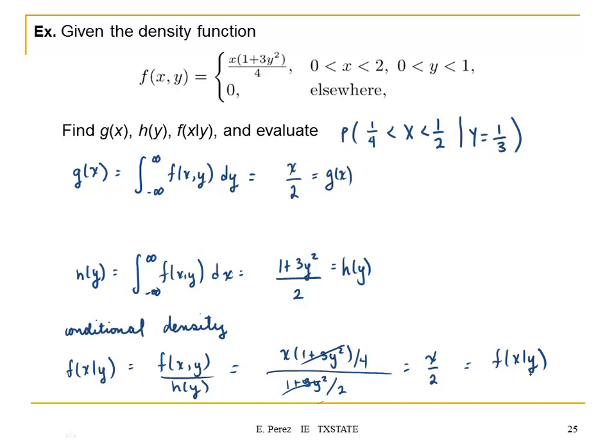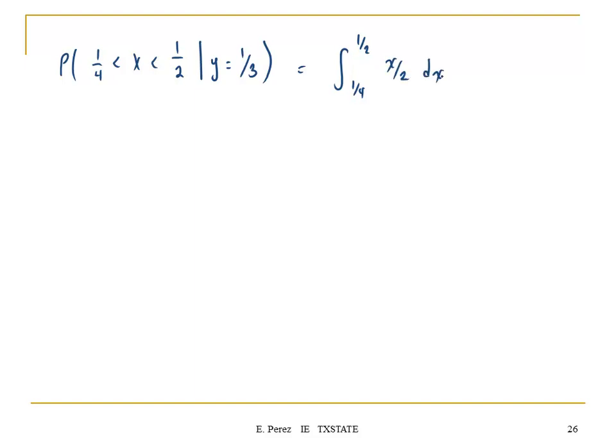So the conditional density is equal to the marginal of x, so they are independent, but we still can find the probability of this event right here. So that probability is, for x between 1/4 and 1/2 given y equals 1/3, the integral from 1/4 to 1/2 of x over 2 dx, and that equals 3/64.